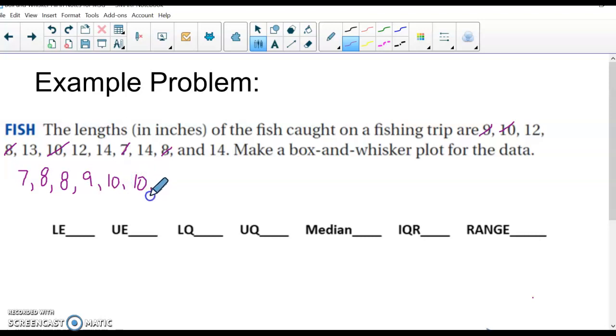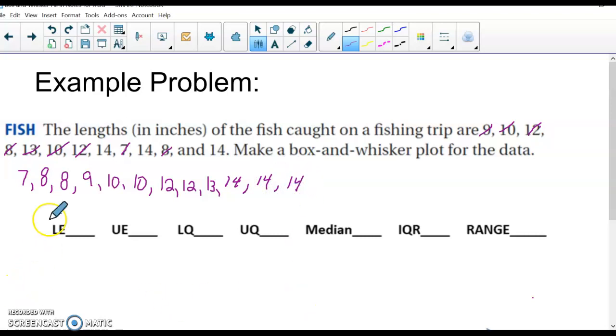I don't see an 11, but I see two 12s. And then I see a 13 and three 14s. Okay, 14, 14, and 14.